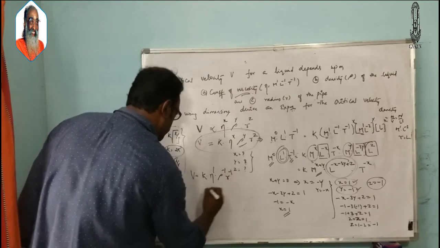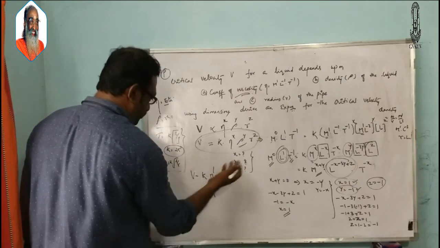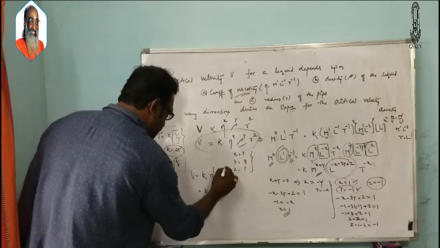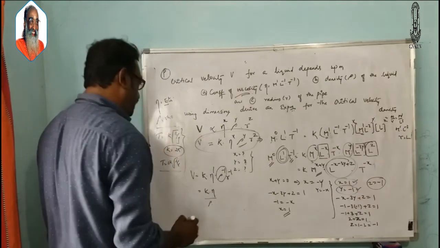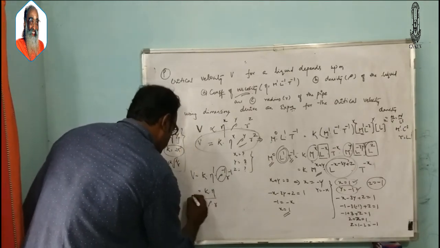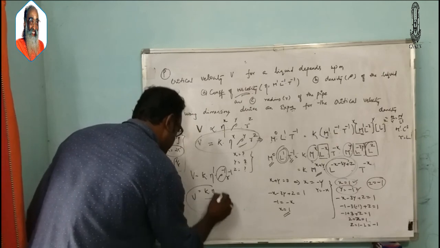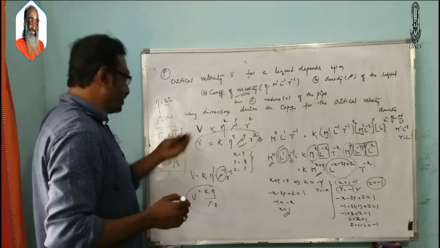So I can write it like this: eta to the power of 1, no need to represent it. Since the others are minus 1, I can take them to the denominator, rho and r. So thereby we got a beautiful expression here. The k value is not asked of us, because it is not given here, so we can leave it like this.